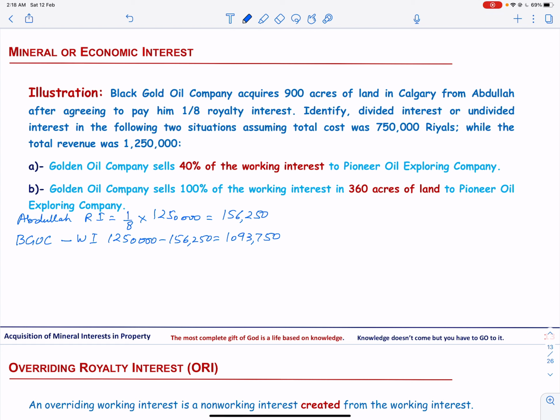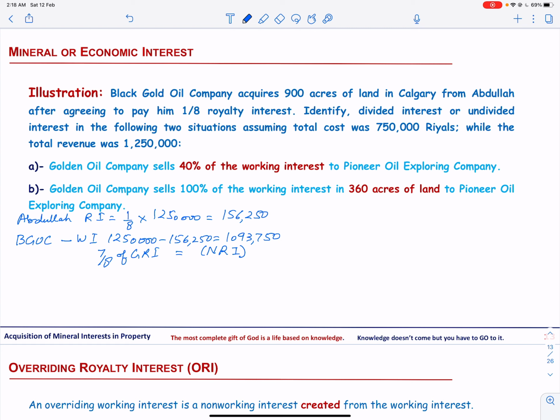We also call this the net revenue interest, which means that 7/8 of gross revenue interest is equal to 100% of net revenue interest in this example.